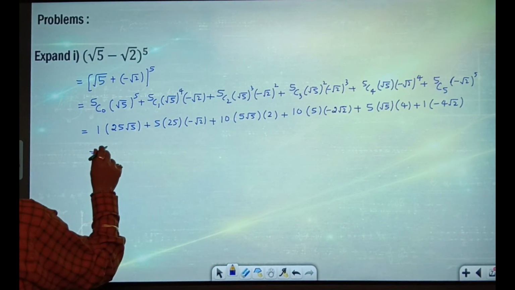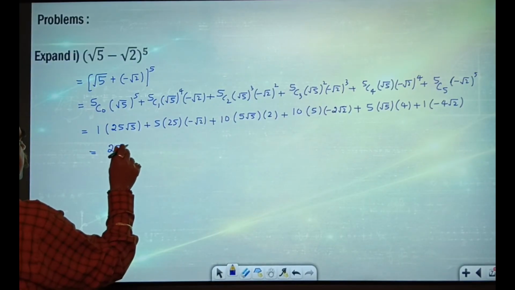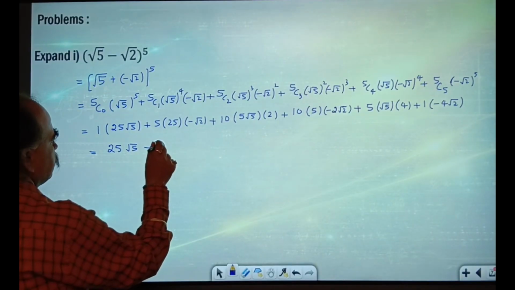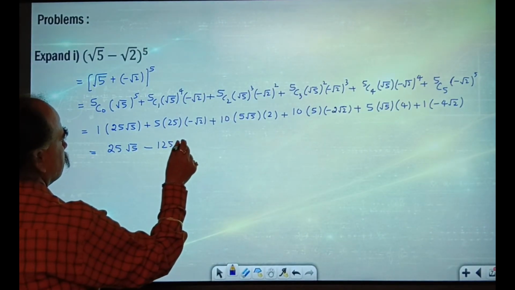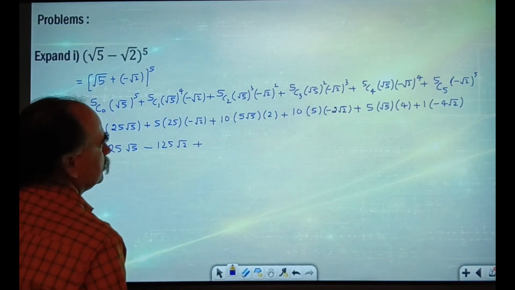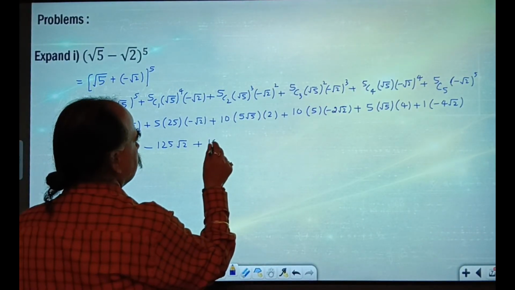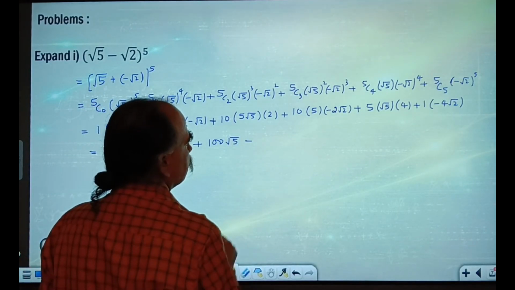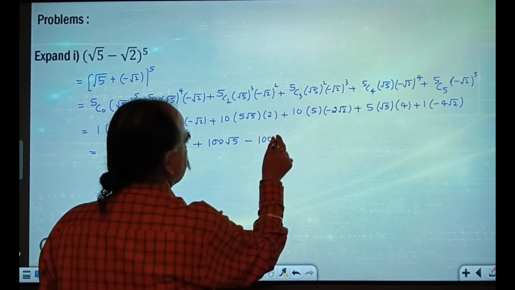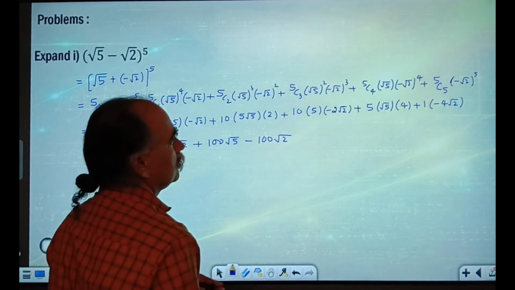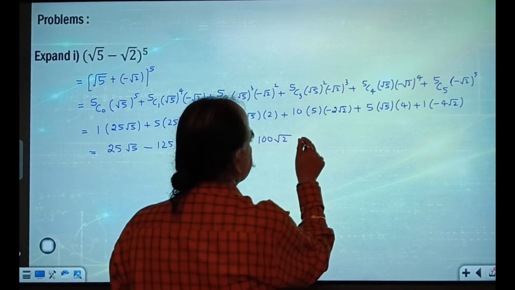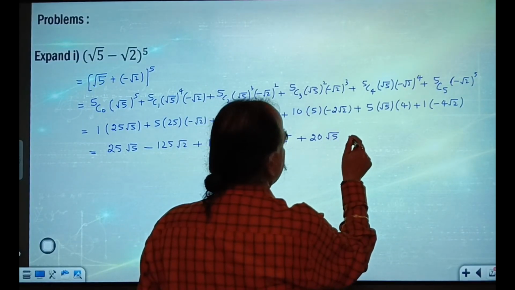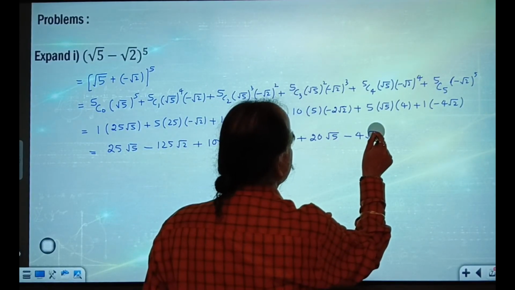So this will give you 25 root 5 minus 125 root 2 plus 100 root 5 minus 100 root 2 plus 20 root 5 minus 4 root 2.